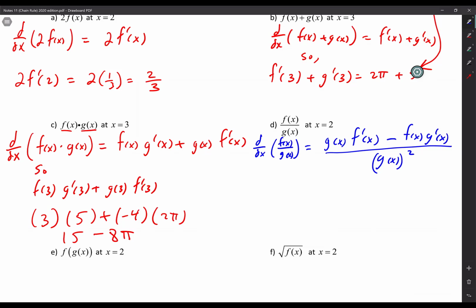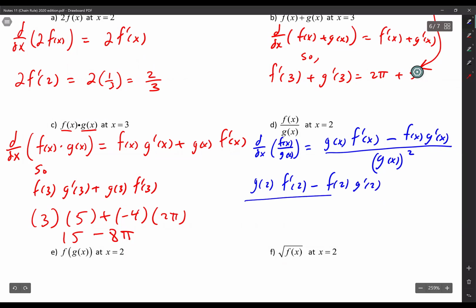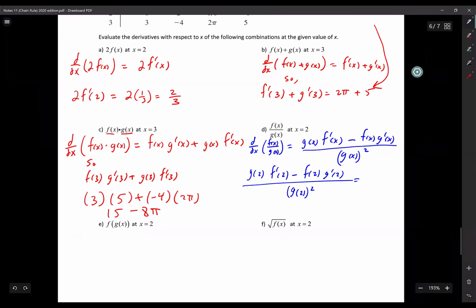All right. Here we go. G of 2, f prime of 2, minus f of 2, g prime of 2, all over g of 2 squared. And I don't know if I'm going to have enough room, guys. I'm going to try. G of 2 is 2.